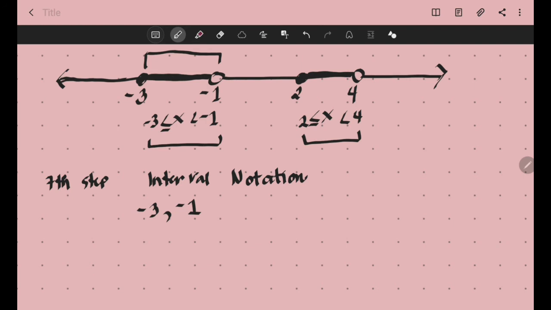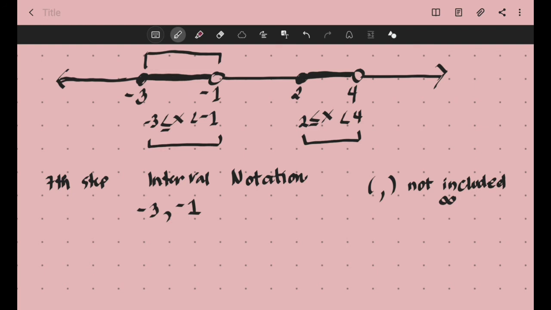So, paano natin siya ipapakita as our interval notation? Again, we will use parenthesis kapag ang value ng x natin ay not included, or ang value ng x natin ay from infinity. Kung positive infinity man yan or negative infinity, basta nakakita kayo ng infinity symbol, ang gagamitin natin ay parenthesis.